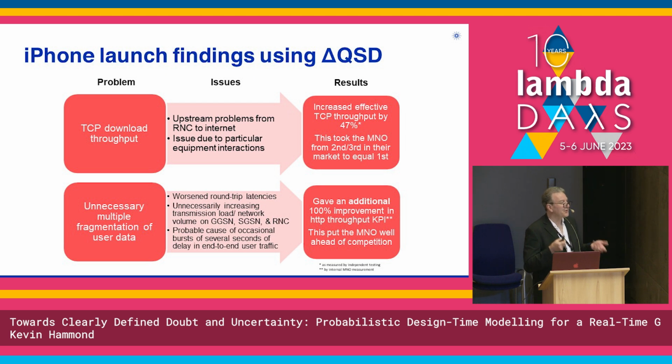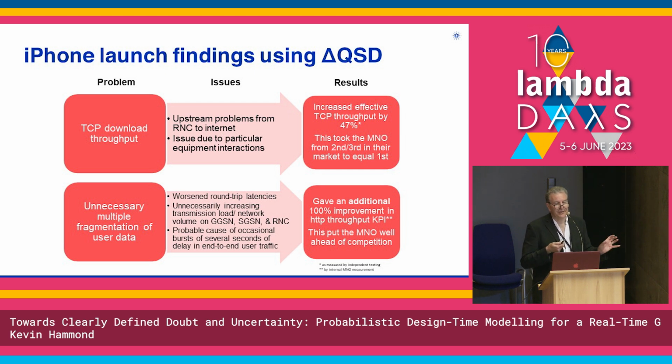So if you looked at the theoretical performance of the equipment, you said, yeah, this is all going to work perfectly. You look at the raw performance stats. But in practice, the equipment interacts in a bad way, and the overall performance is poor. The result they got was to increase the effective TCP throughput by 47%, and this took the MNO to equal first in the market list.